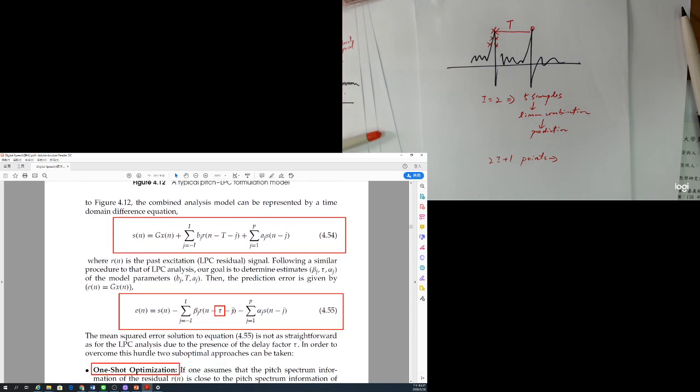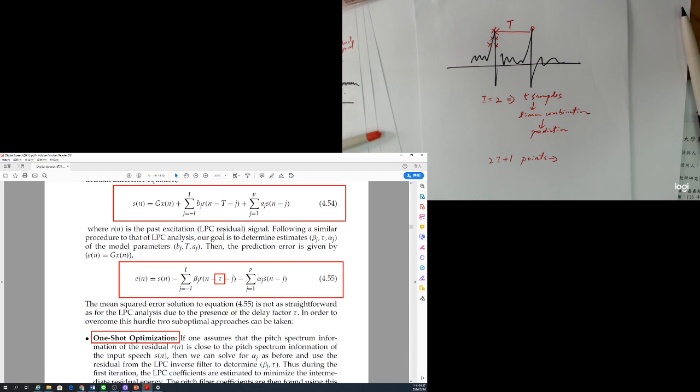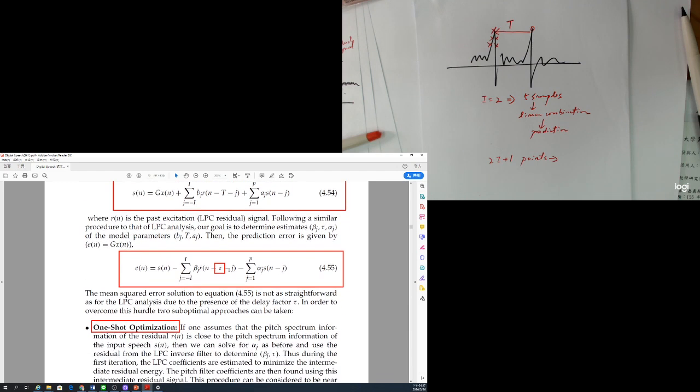For short-term prediction, your unknown parameter is only your coefficient A(z). For long-term prediction, your unknown parameters are B(z) and tau. So you have to be careful how to determine tau and beta.